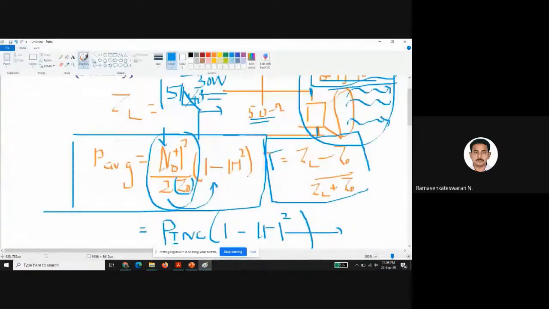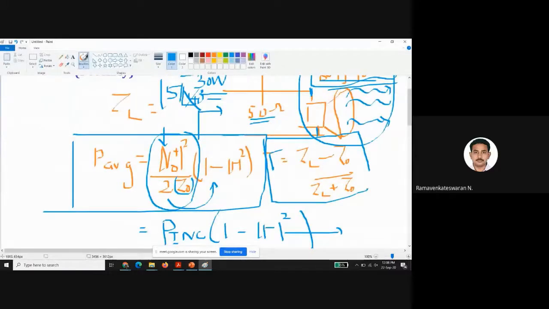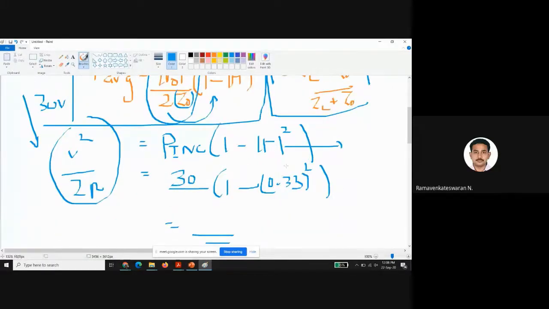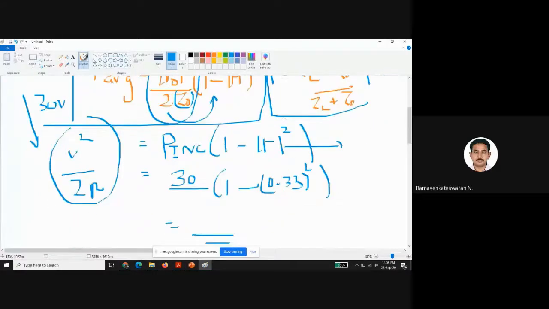The average power at any point of the transmission line is V naught square by 2 Z naught, times 1 minus gamma square. V square by 2R is nothing but a power, and the incident power is already given to us, that is 30 watts. So the whole term is the incident power times 1 minus gamma square, where gamma square is the reflected portion.